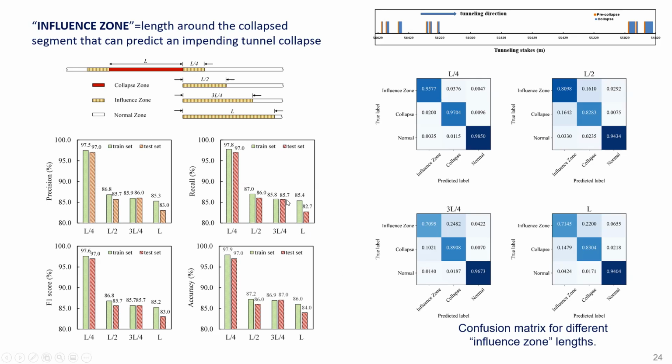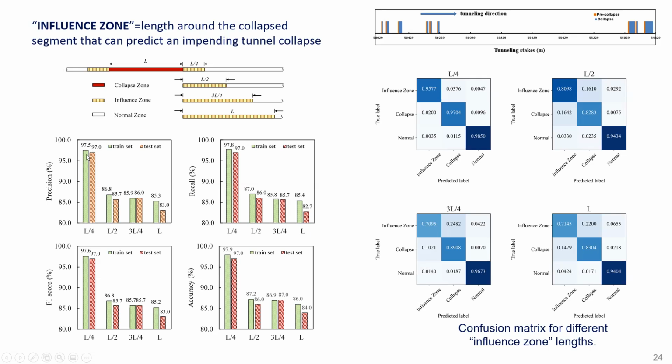If you look again at the performance of one of the methodologies, the random forest, you can see that a length of 1/4 of the collapse zone gives the best performance metrics. In other words, it appears that the influence zone should be about 1/4 of the collapse length.